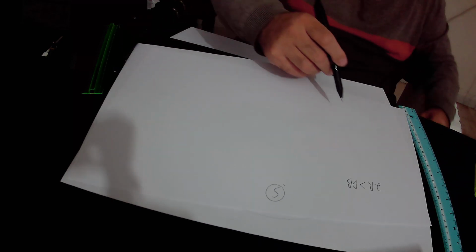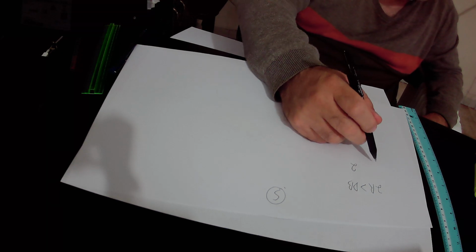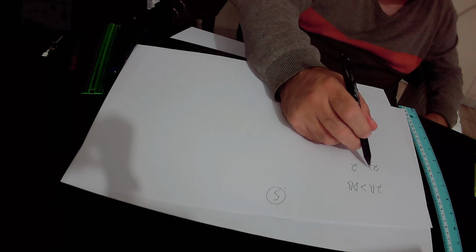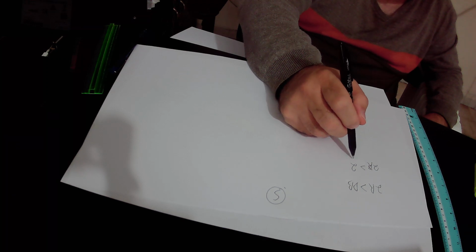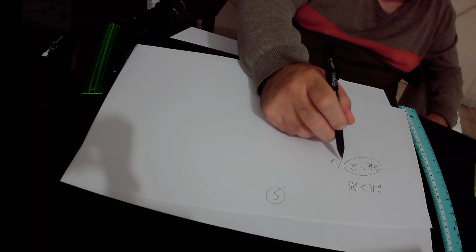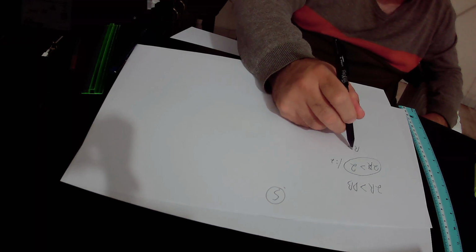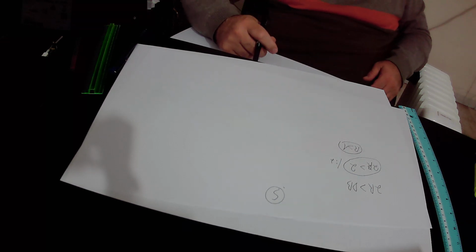So we substitute DB by 2 in this inequality, and we get that 2r is greater than 2. We divide this inequality by 2, and we get that r is greater than 1.